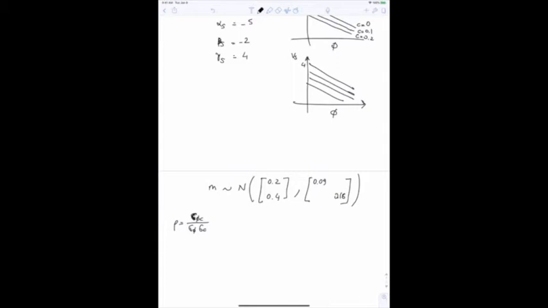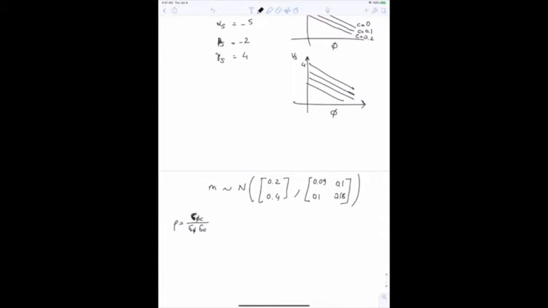So if we do 0.8 times 0.3 times 0.4, we get something which is, okay, let's try, okay, let's say that this is 0.1.